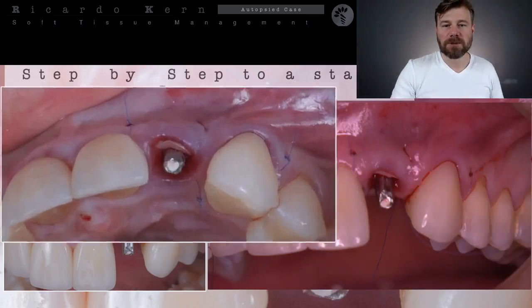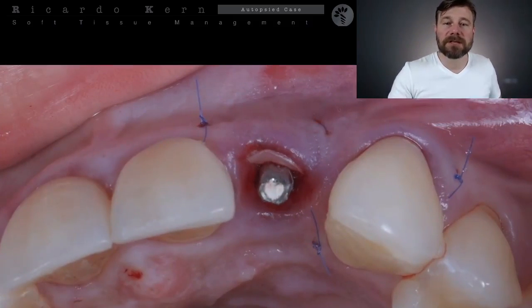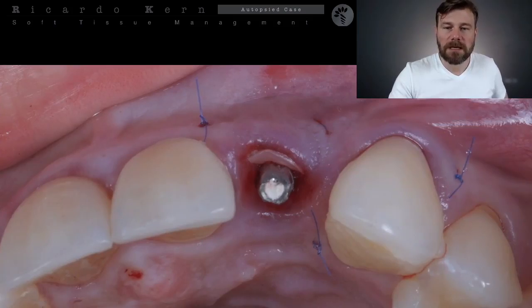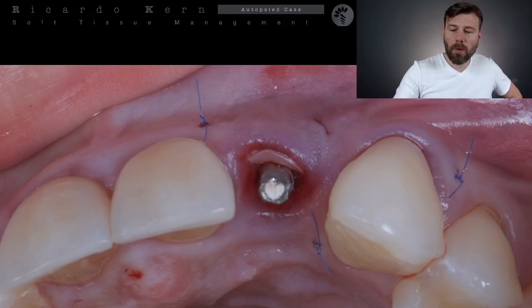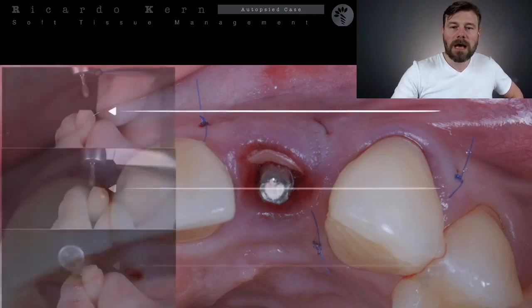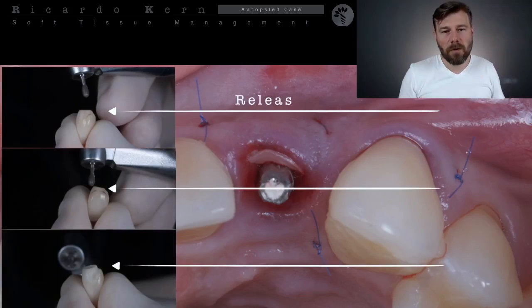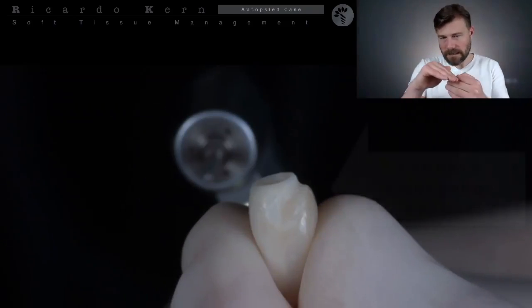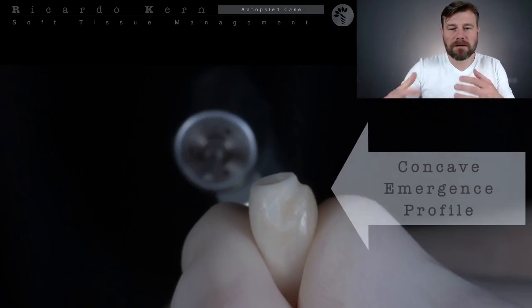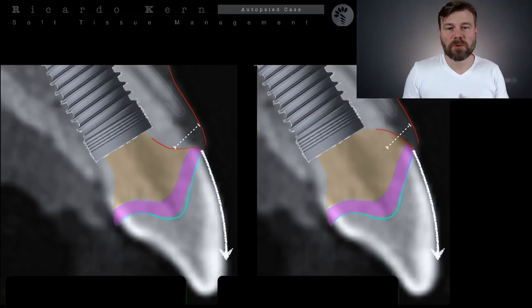Okay, so this is the final arrangement of my suture, and now I need to return my crown in place. Of course, if I have a small over contour of this crown, I need to remove this over contour. So instead of having this fat belly of the crown, I'm going to change to a concave emergence profile to relieve the pressure on my connective tissue.